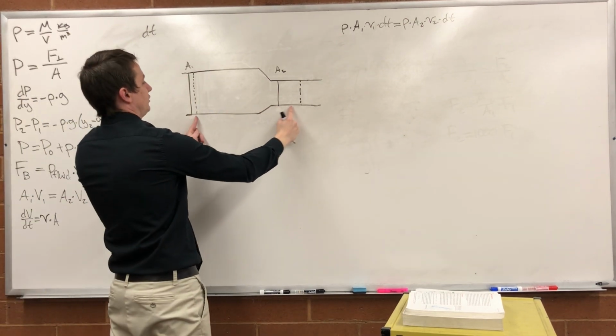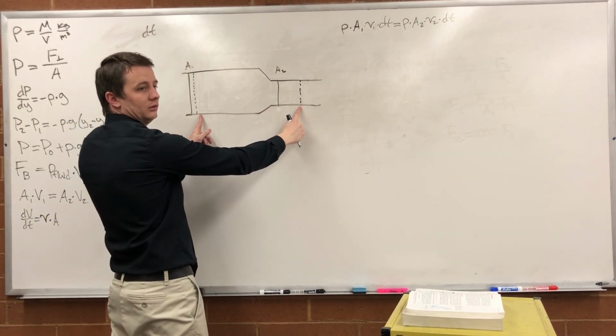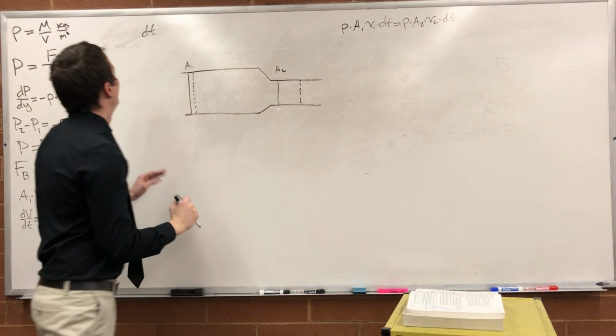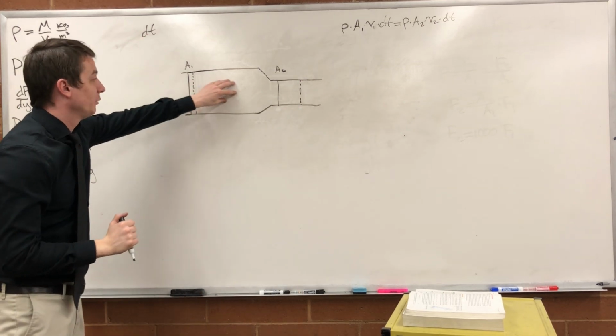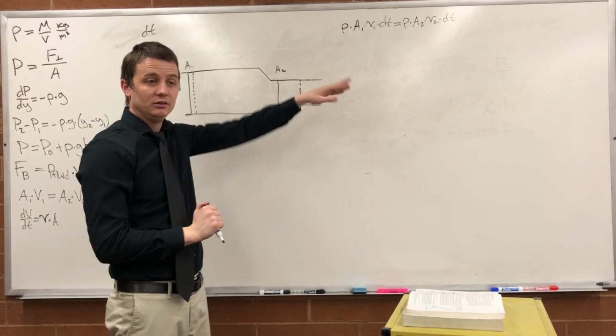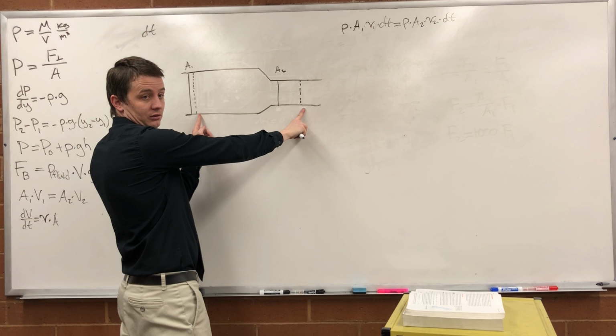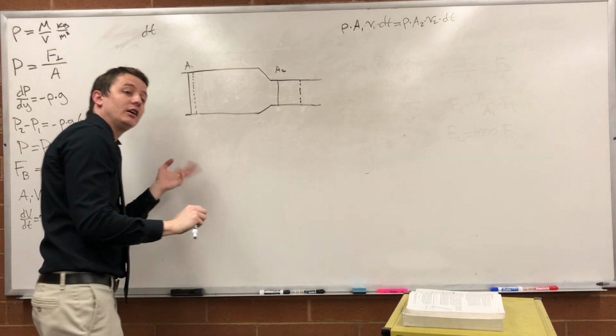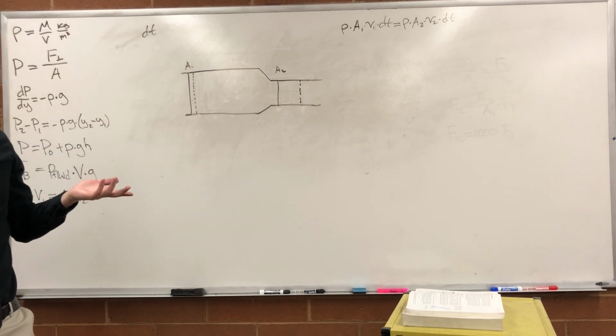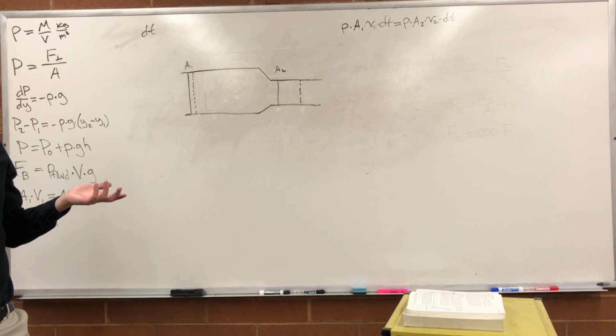So this water shifts like that. And so in dt, some work must have been done on the water to move it. There must have been forces acting on it, and force times displacement gives you your work.